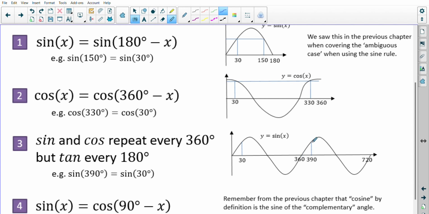So 390 would also produce the same solution of a half. I could add on 360 to 150 degrees and that would produce the same answer of a half. So very similar with the cos graph, I can keep adding on 360, and with the tan graph I'll just change it to 180.